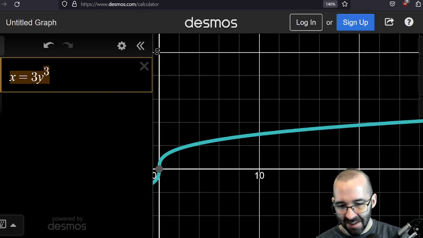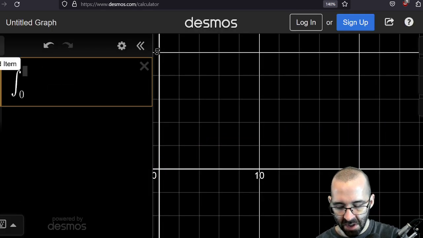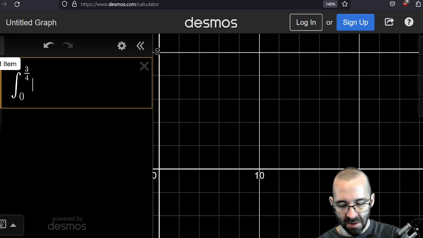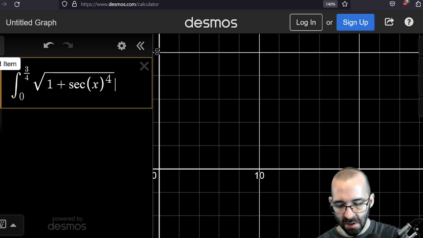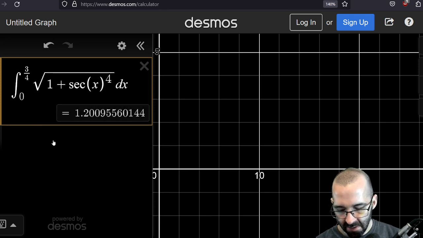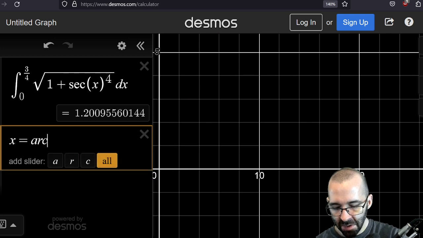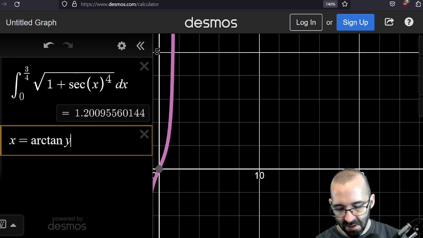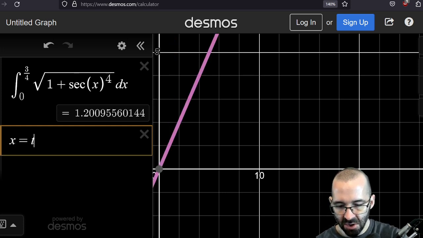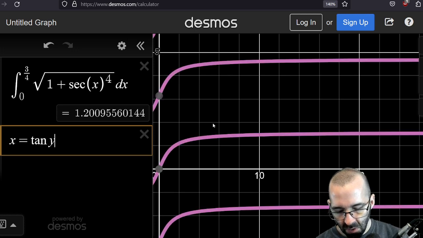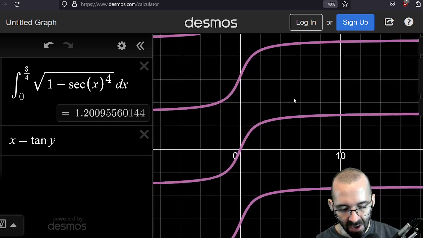Okay, so we got this. We have the integral from 0 to 3/4 of the square root of 1 plus secant to the 4th, dy. And again, we should be able to get a little approximation of this. Oops, x is tangent of y. So again, you see that graph as I was talking about before.